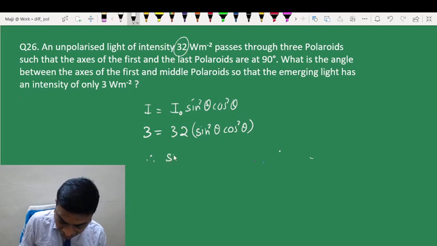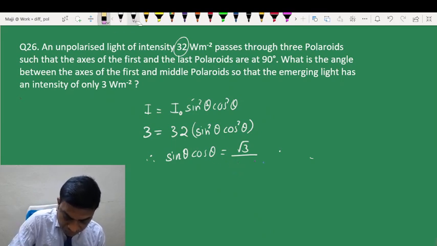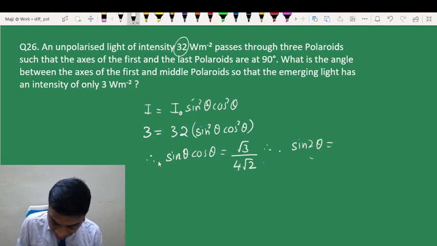So if you extract the square root, we have sin theta cos theta is root 3 upon root 32, and 32 can be written as 16 into 2, so 4 root 2. Multiplying both sides by 2, I can write sin 2 theta is root 3 upon 2 root 2.